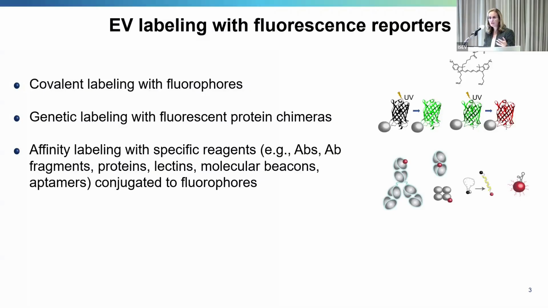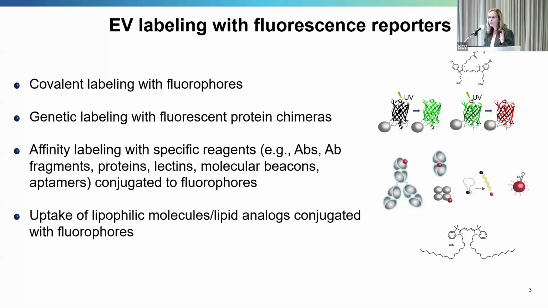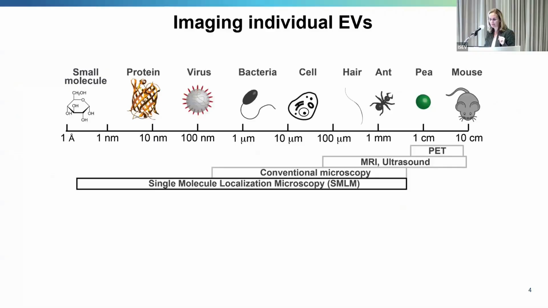You can have aptamers, antibodies, all sorts of different affinity reagents. But this is really crucial: we have to be careful that we are using specific reagents that have good binding capacity. And also, we can use newly developed and some older but established dyes that will intercalate into the membrane and label the membrane. So these are some of the ways we can label vesicles.